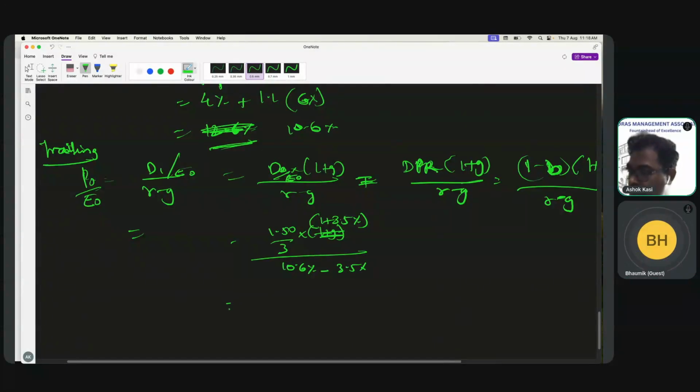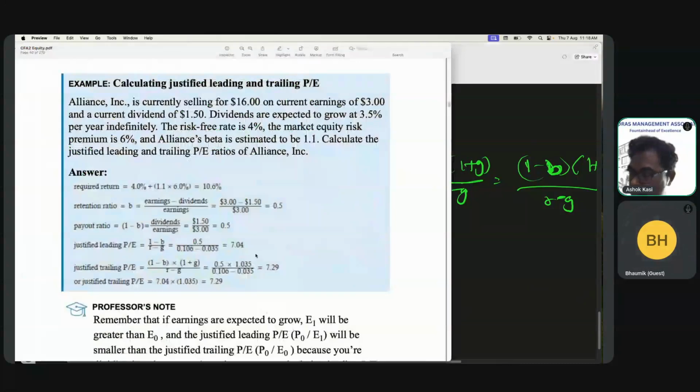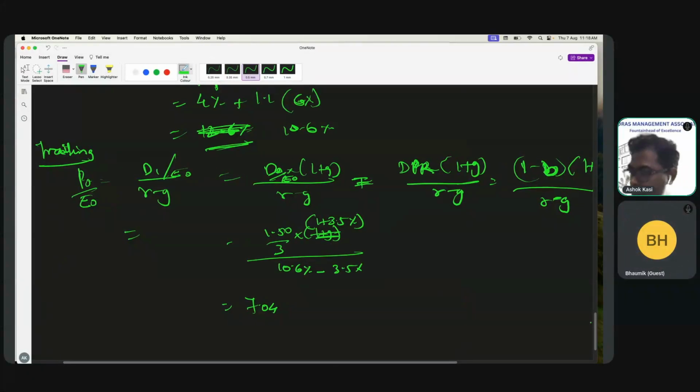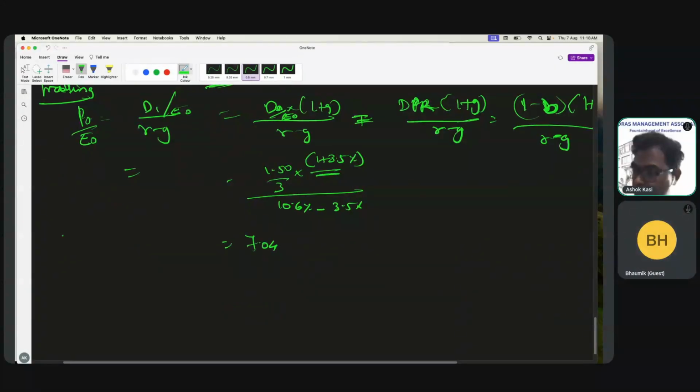So you just solve this one. Yeah, it's 7.04.